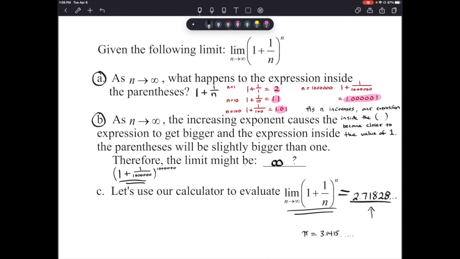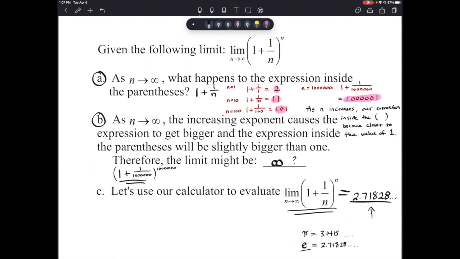Well, this number is also irrational and it's going to go on forever. And it also has a special symbol that's used as well. That is e. So when you see this number e, it is a little bit less than 3, 2.71828, just like pi is a little bit more than 3.